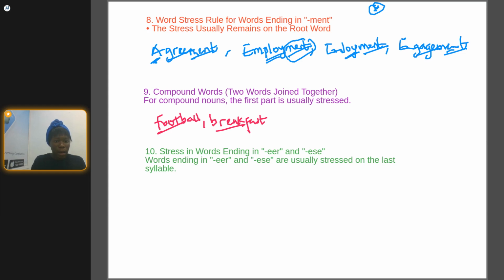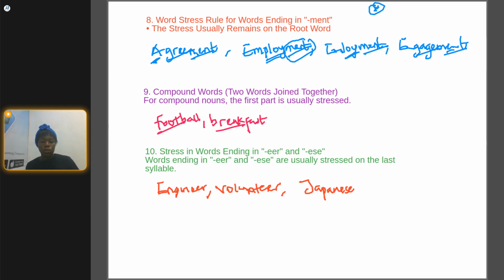So we are looking at examples like engineer. Okay, volunteer. Okay, Japanese.